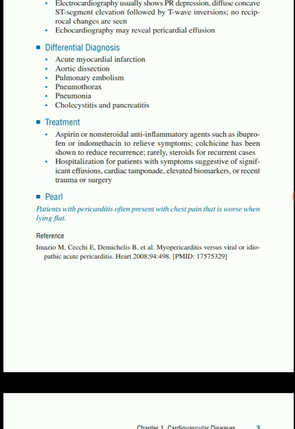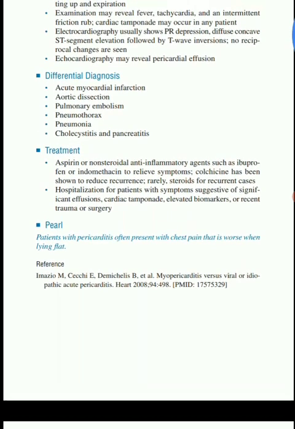Then for treatment, we are going to use aspirin or non-steroid anti-inflammatory agents such as ibuprofen or indomethacin. These will help to relieve the symptoms. Colchicine has been shown to reduce recurrence, and rarely steroids are used for recurrent cases.